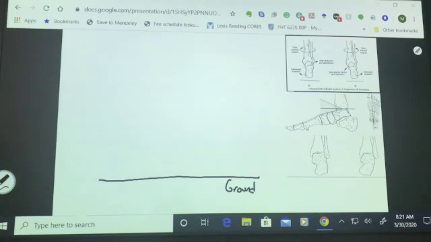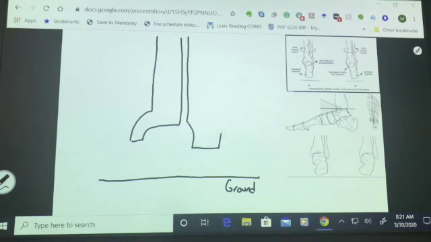Now what happens is that my tibia comes down, fibula comes down. Here's my talus and my calcaneus.